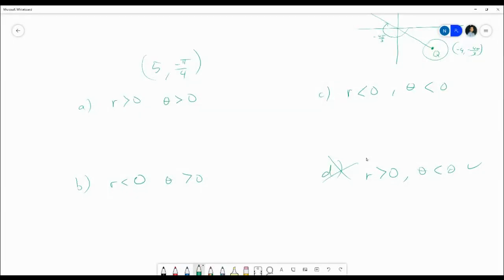Mai, you can do C on the whiteboard, and Aim, you can do B. Hey, Professor, you cut off. I know Mai's doing C. Which one am I doing? B. B it is.